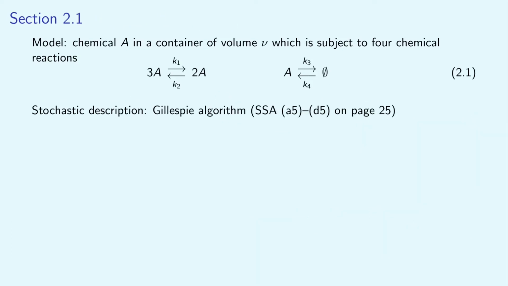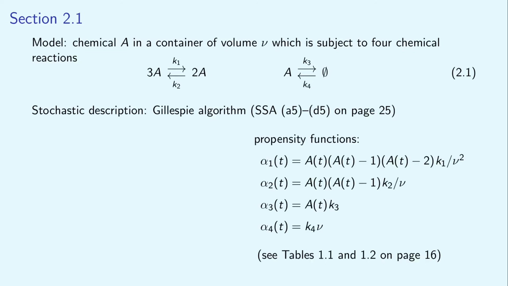We want to compare the deterministic description with the corresponding stochastic model, which can be simulated using the Gillespie algorithm, given as the SSA on page 25. To apply the Gillespie algorithm, we need to specify the propensity functions of each reaction. We can find them in Tables 1.1 and 1.2 on page 16.